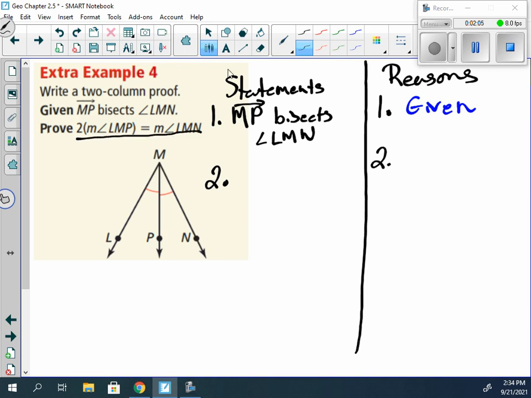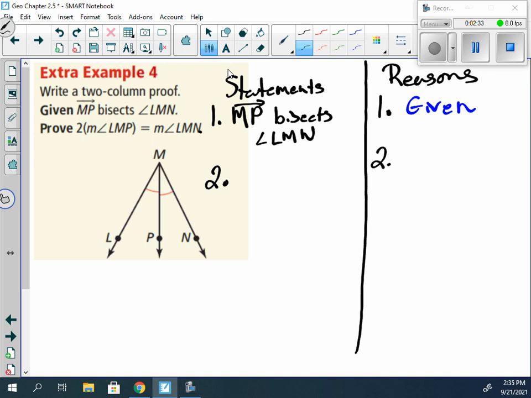That 2 times the measure of angle LMP is equal to the measure of angle LMN. So our last statement is going to be that. Because whenever we're trying to prove something, we always start with the given. We always finish with what we're trying to prove. So the last statement in the statements list should be that 2 times the measure of angle LMP equals the measure of angle LMN. That's what we're finishing.